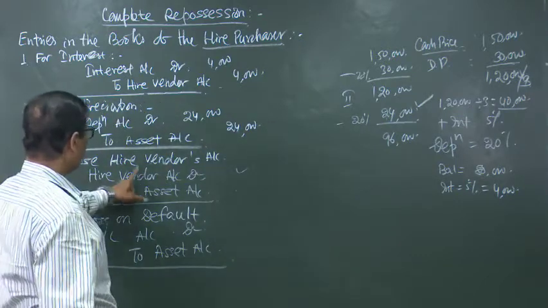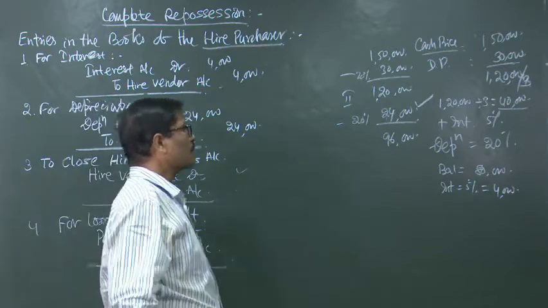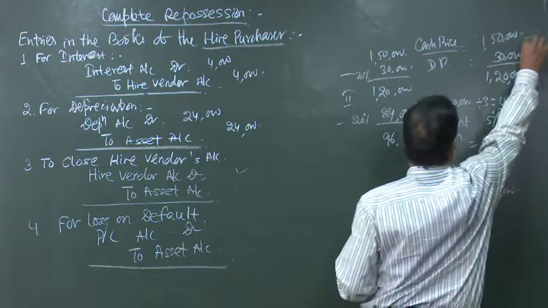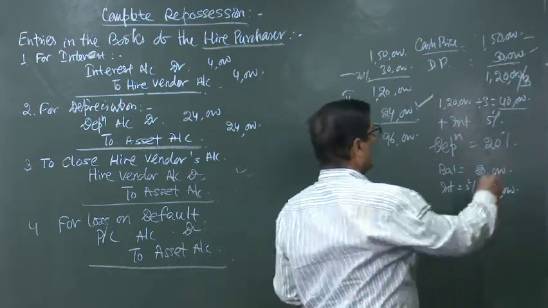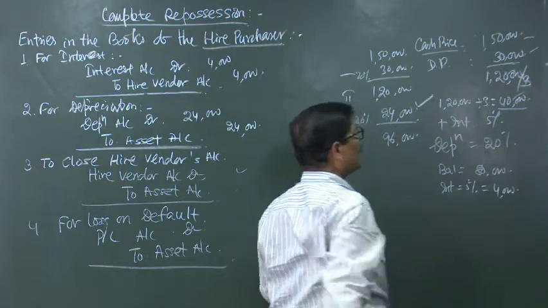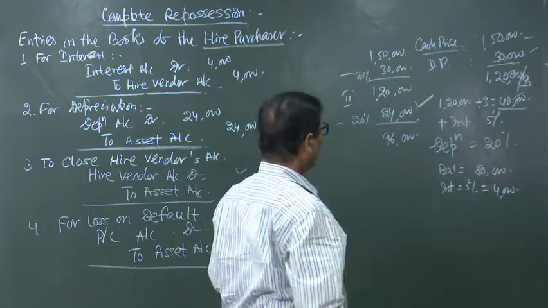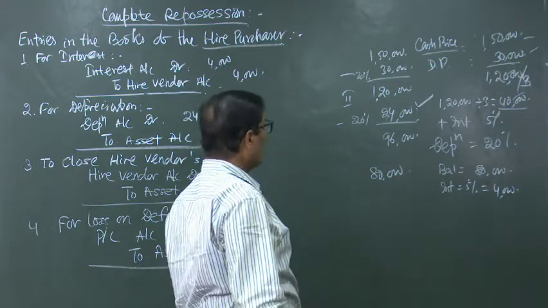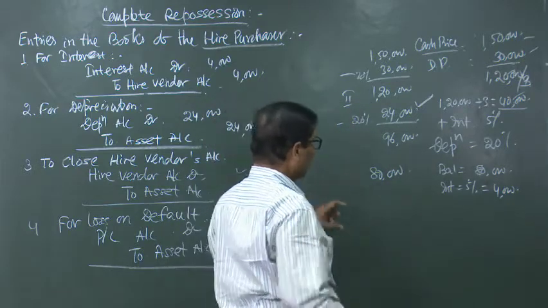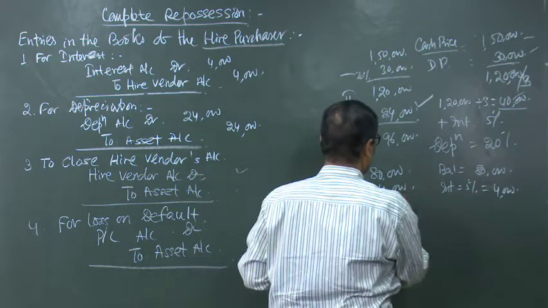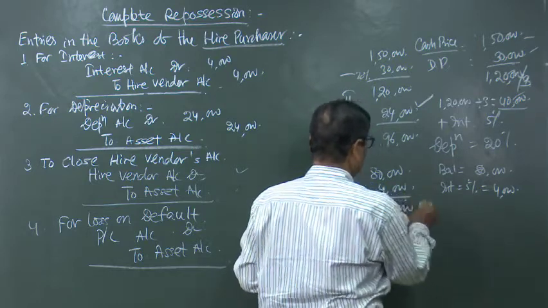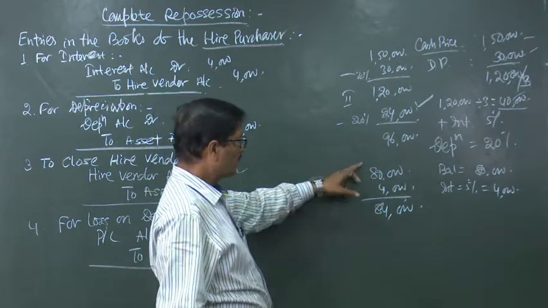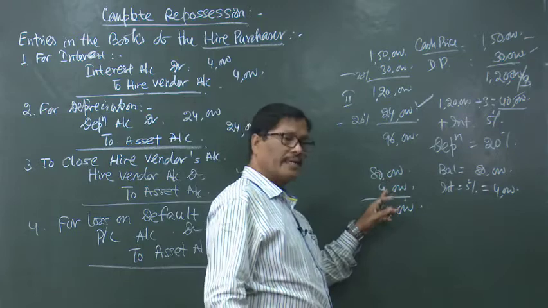Then close the hire vendor's account. What is the balance due to the hire vendor on that date? Out of 1,50,000, we have given 30,000, so 1,20,000; again we gave 40,000 plus interest, so 80,000 was due. Now the interest for the second year is 4,000, so 84,000 was due: 80,000 plus 4,000 interest for the second year.